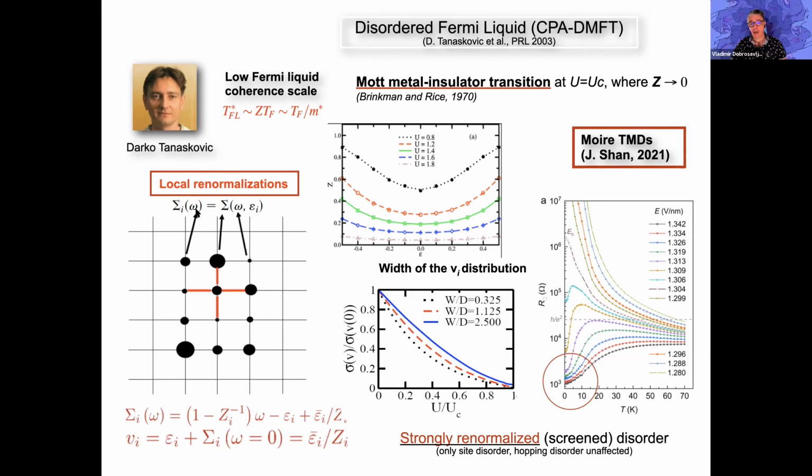We still require the self-energy to be local to be able to solve this problem in an approximation, but we allow the self-energy to be different on different sites, which is very reasonable. It's also true in the CPA approximation, but we can also do this in the framework of a CPA or in a supercell approach. Either way, we have local self-energies which are different on different sites.